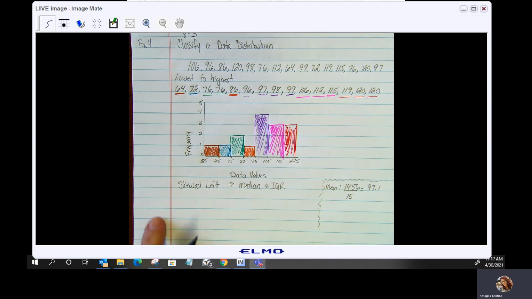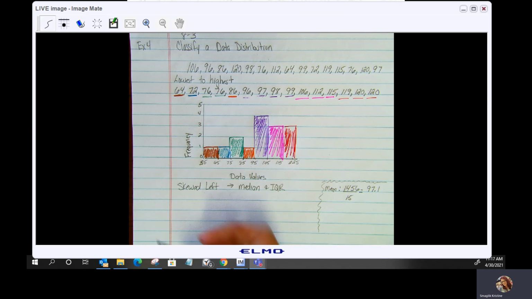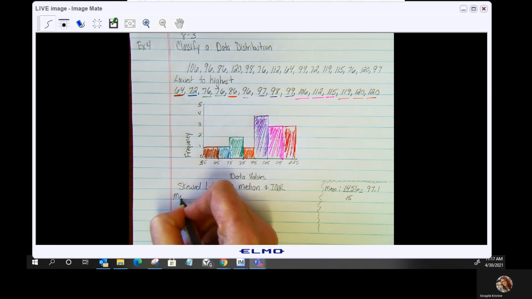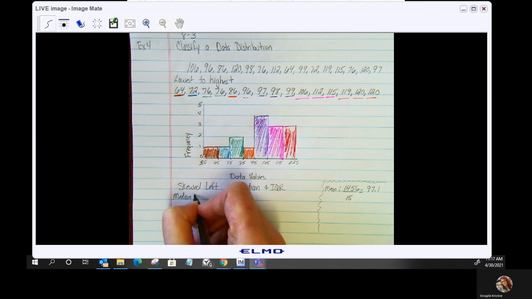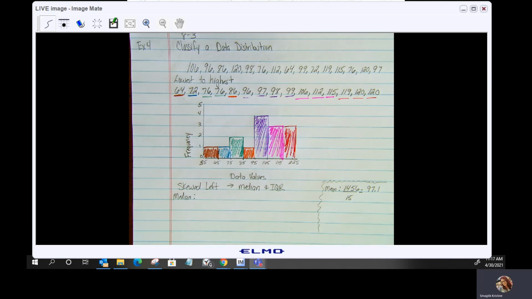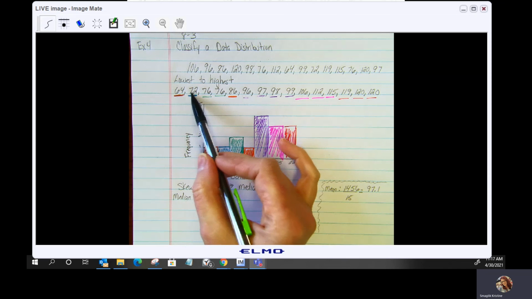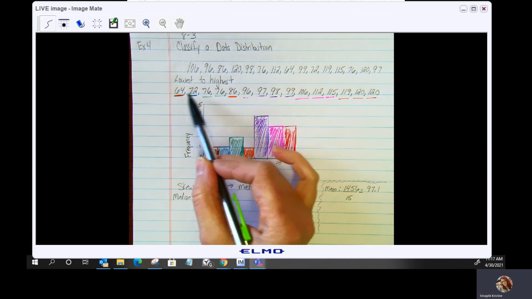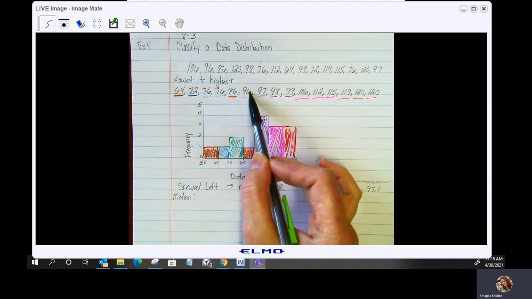Now let's see how that compares to what we know we need to use, the median and the IQR. So let's calculate the median. The median is the middle. If I have 15 data values, and don't forget you need to do this process when you're ordered from least to greatest, 15 divided by 2 is 7.5, so that means it's going to be my 8th data value. 1, 2, 3, 4, 5, 6, 7, 8.